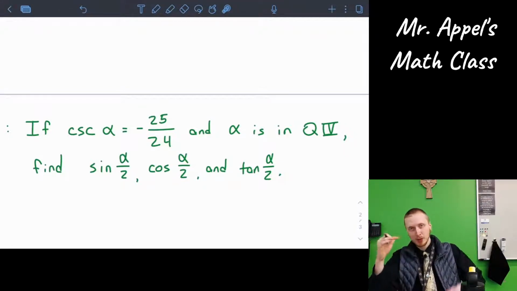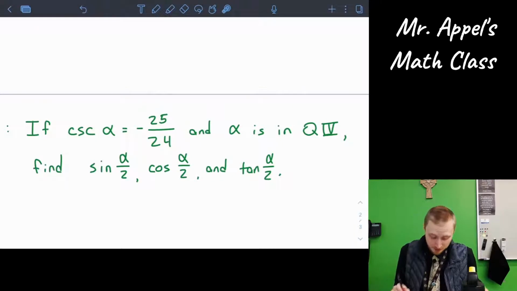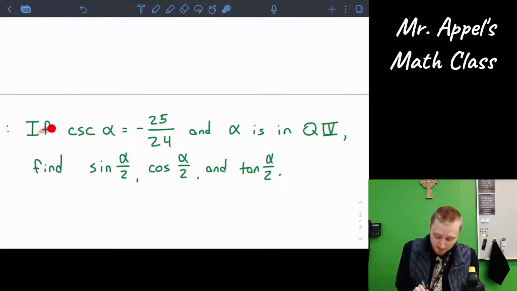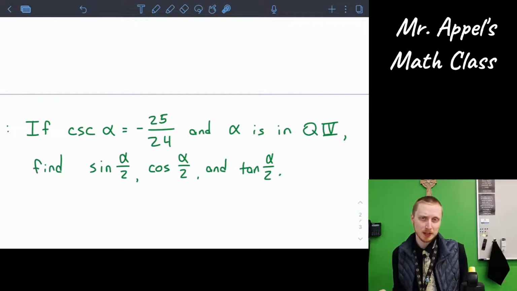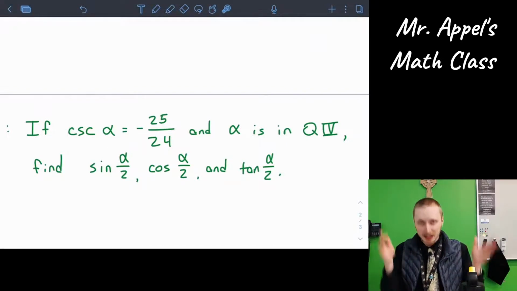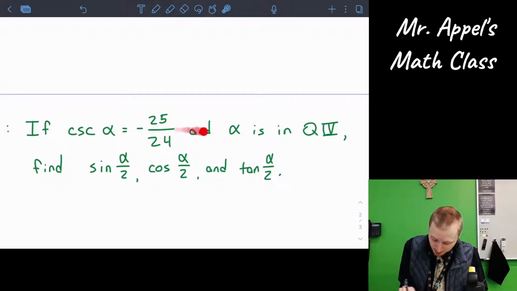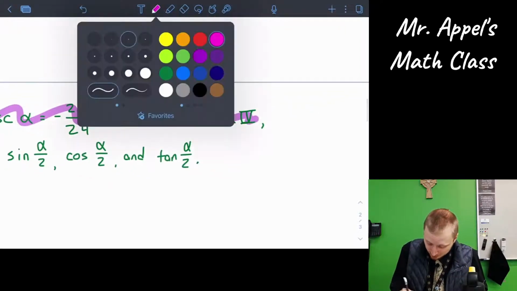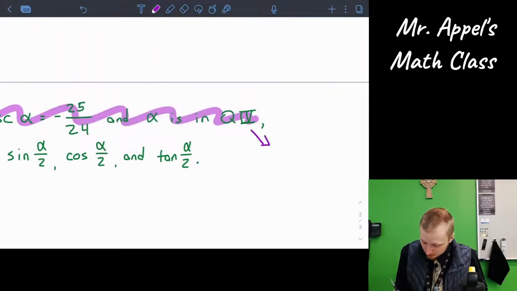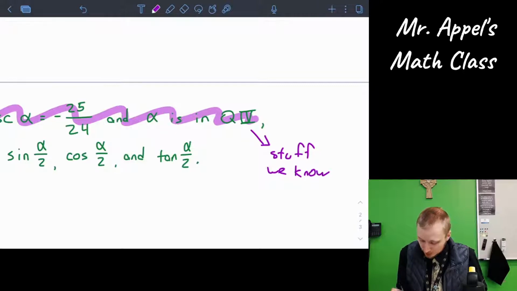I see this problem broken into two parts. Whenever you see an "if this is the case," that means we're going to assume that's the case. They say if, but it's not an if, it is. That is absolute. Here is stuff you already know. So group all of this, annotate it: this is stuff we know.